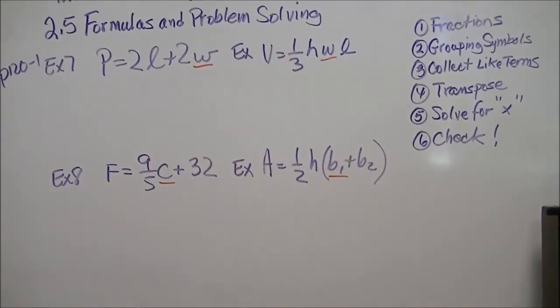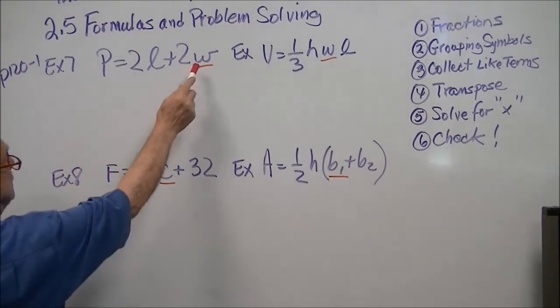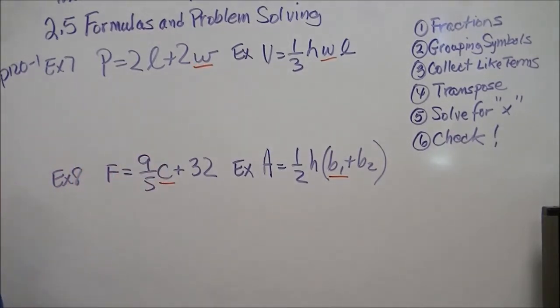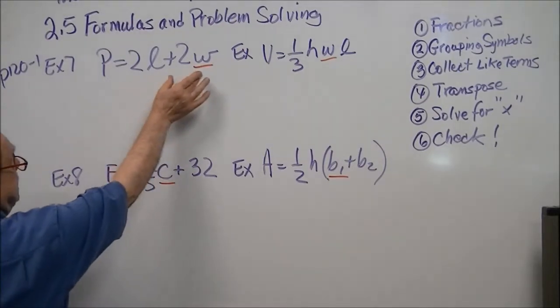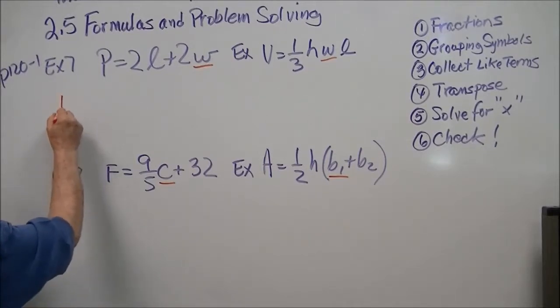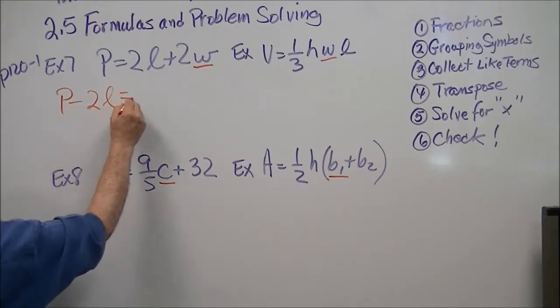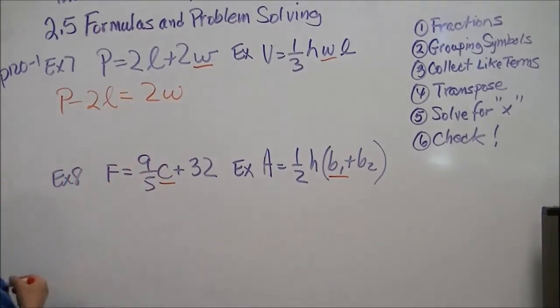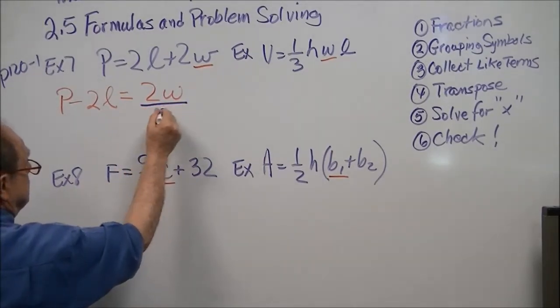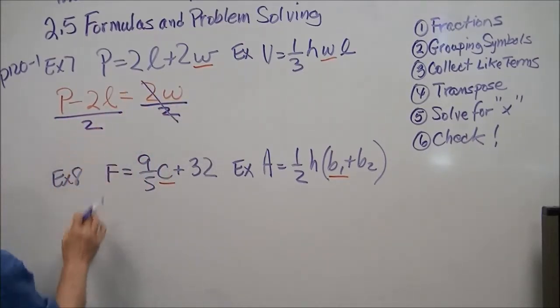Okay, we're going to finish up section 5 with example 7, and this is a friend now, a perimeter. We want to solve for the W. So again, we want to isolate the term that has the W in, and we do that through transposition. P, bring this over to the other side, and now we just divide both sides by 2, and W equals this.